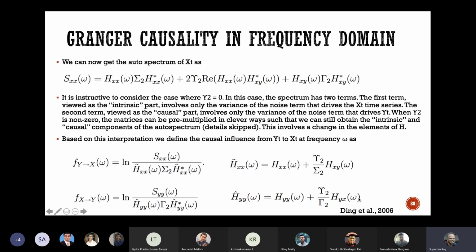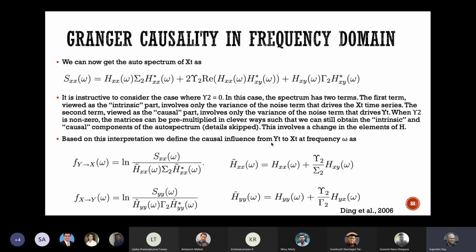I'm skipping the details. You can find the details in Ding et al. 2006. But that just changes the formulation from H to another term H tilde, which has this epsilon and sigma both. If this is set to 0, then H tilde becomes the same as H. So this is spectral Granger causality.